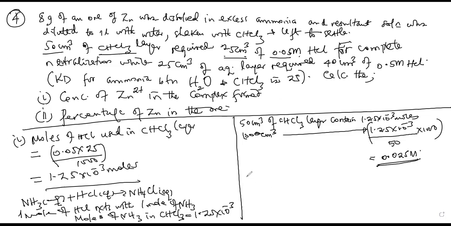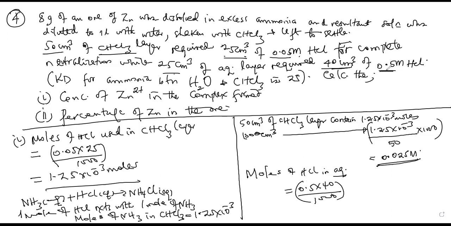Let's go ahead to look for the concentration of ammonia in the aqueous layer. Now, moles of HCl in the aqueous layer. They say that 25 cubic centimeters of the aqueous layer required 40 cubic centimeters of 0.5 molar hydrochloric acid. So it's 0.5 times 40 out of 1,000, because 1,000 cubic centimeters of hydrochloric acid contains 0.5 moles.